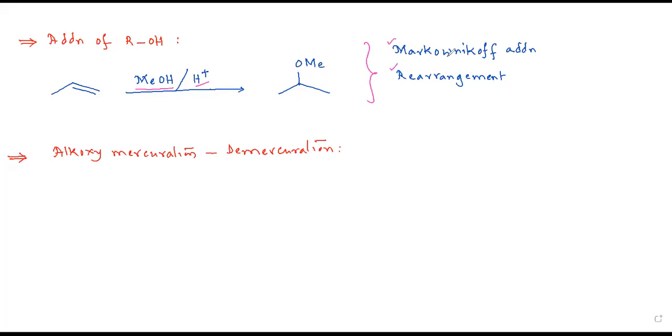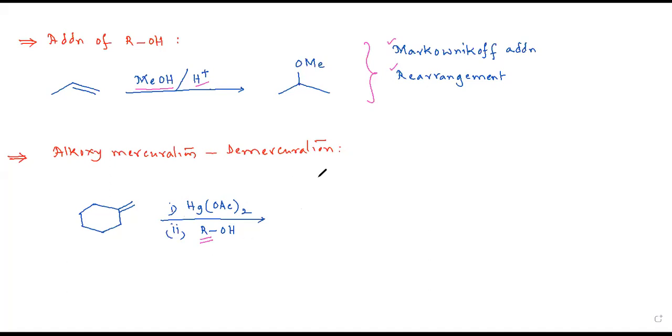In this case, look at this. Now, in the first step, let us consider mercuric acetate. Normally, we take water, but here we consider an alcohol. So, that is the difference. Okay.